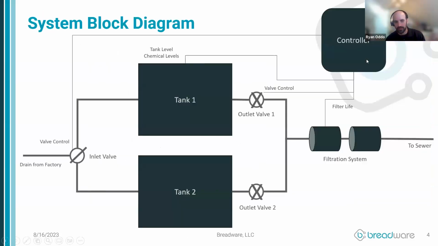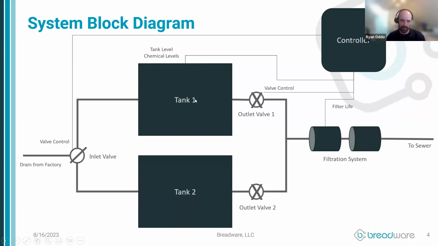And so let's get into the details of the system here. I'm not going to go too deep, but all the drains from the factory go into a valve that directs the water into either your primary tank or your backup tank. And the water's held there so that you can monitor the chemical levels throughout the day and make sure that the filtration system can handle that. So then the local controller is monitoring the tank level, making sure it doesn't overflow, as well as the chemical levels.